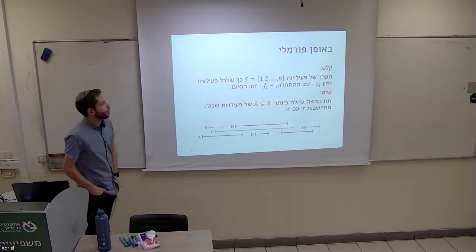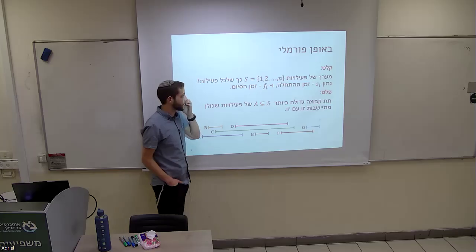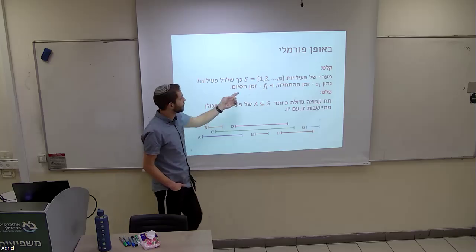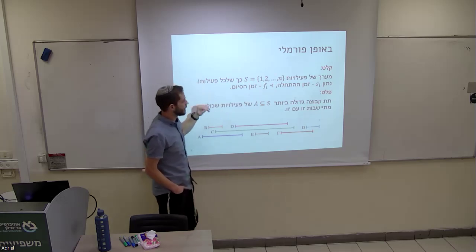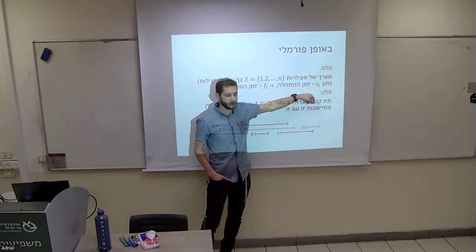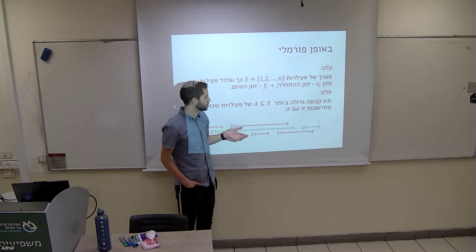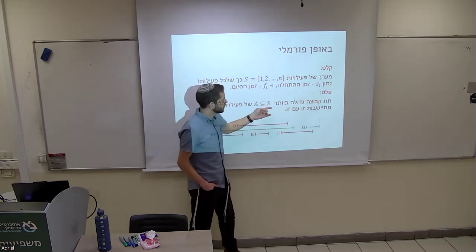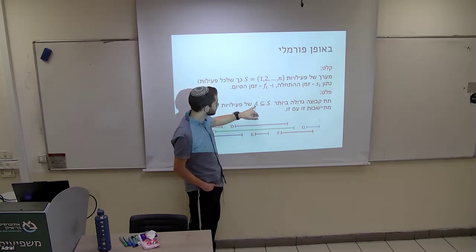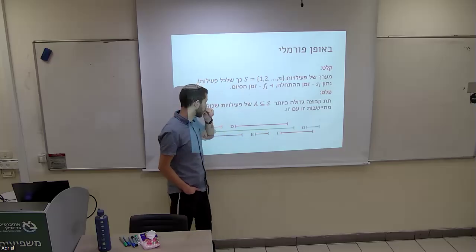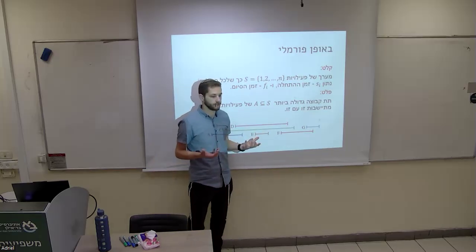So, formally written, we're given an input, which is an array of activities, S from 1 until n, such that for every activity i, we're given s_i, which is the starting time, and f_i, which is the end time. And the output that we're required to give is the largest subset A, which belongs to S, of activities that are compatible with each other.